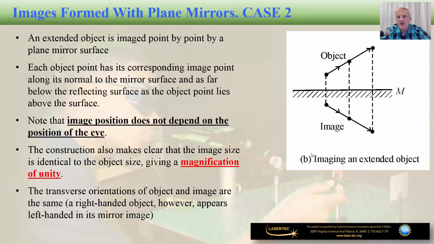In other words, the magnification, which is the ratio of the size of the image to the size of the object, is equal to 1 because the image is not larger or smaller relative to the object. It's also important to mention that the transverse orientations of the object and the image are kept the same. However, a right-handed object would always appear left-handed in its mirror image.